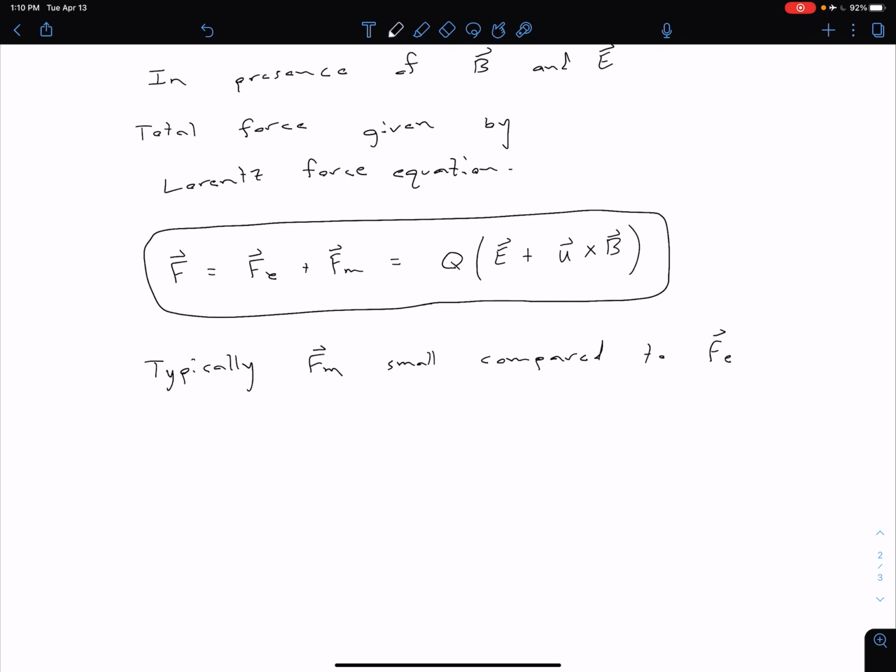There are obviously other exceptions. In some cases, we might have a really high magnetic field with a lower relative electric field. But generally what we're going to see is that our F sub m is getting more comparable to F sub e when we have higher velocities. So maybe not just the one exception, but let's say the main exception that we encounter is going to be large particle velocity u.